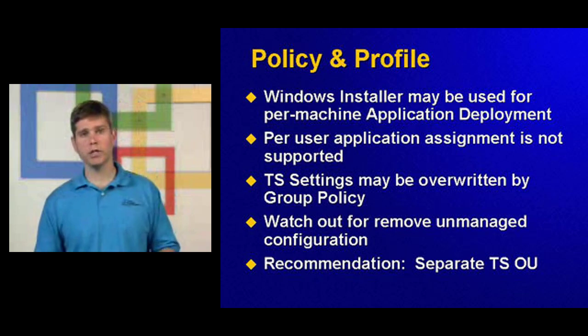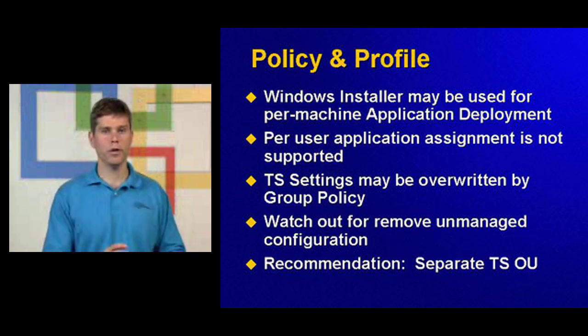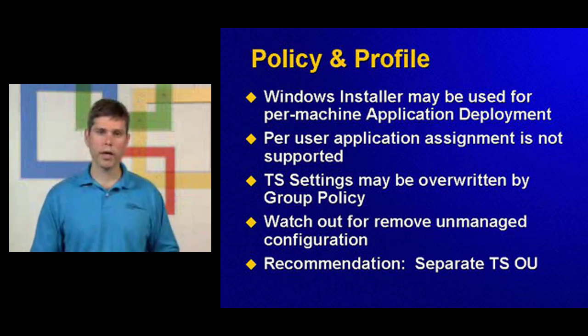The general recommendation for managing your policy under terminal services is to separate all your terminal services machines into a separate OU. This allows you to set up the right kind of policy for a terminal services machine. You can do things like use loopback and set lower levels of permissions or different levels of permissions for the users when they're logged on there. Perhaps if you're using terminal services as a security entrance mechanism and things like that.